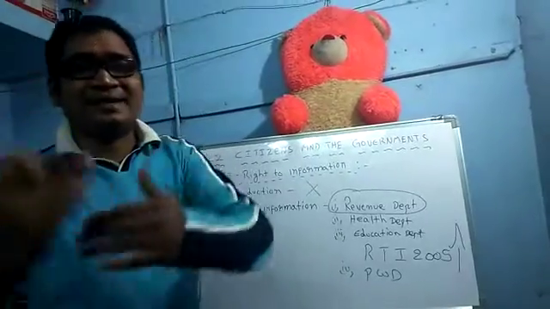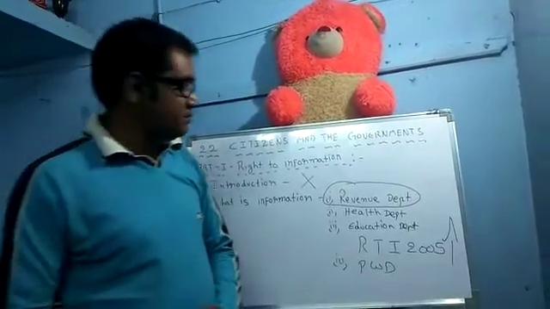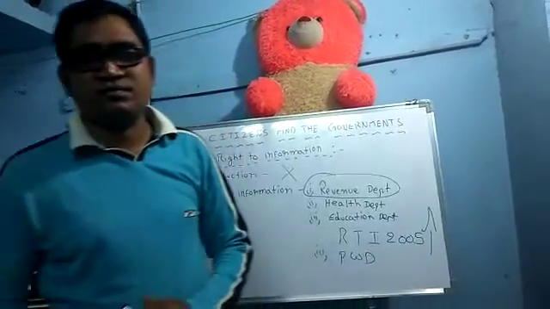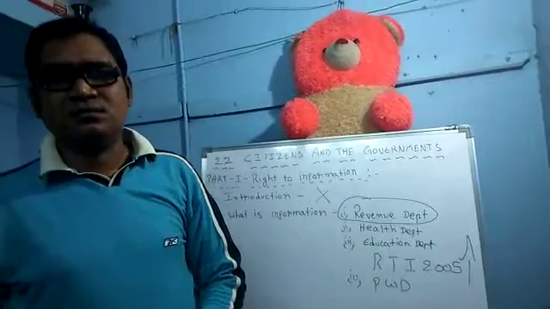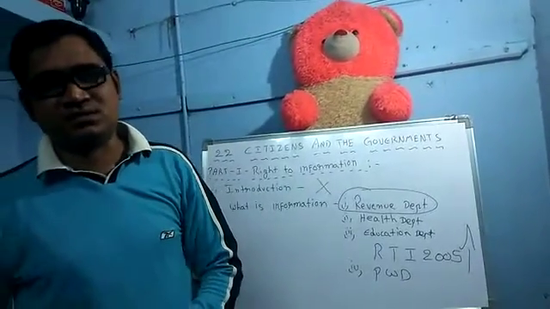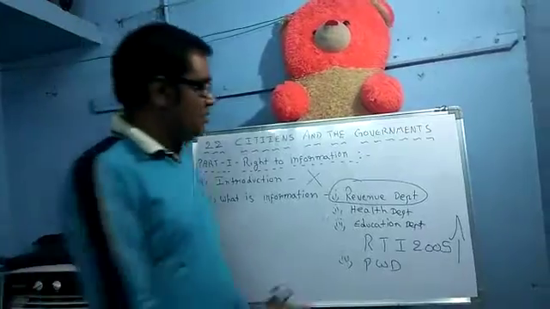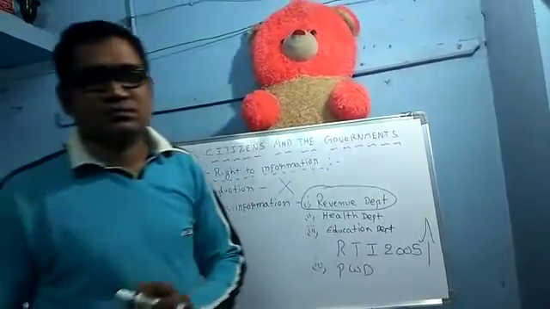Revenue Department were maintaining their records in the form of instructions which were given by the central and state governments. How do they maintain the records?